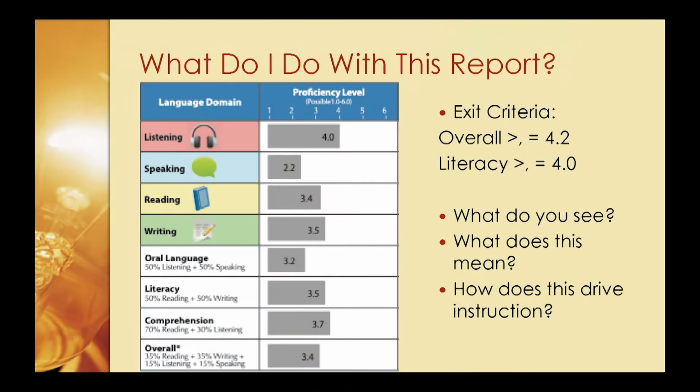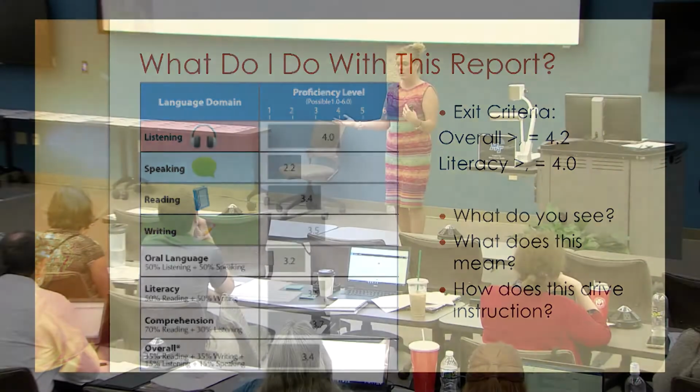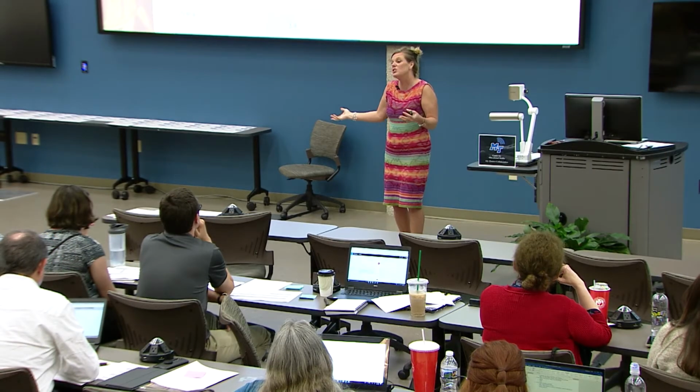And we found that those students who had pretty high proficiency scores, in the upper 3s to low 4s, in everything except speaking, were in classrooms where, for whatever reason, they just didn't feel comfortable.